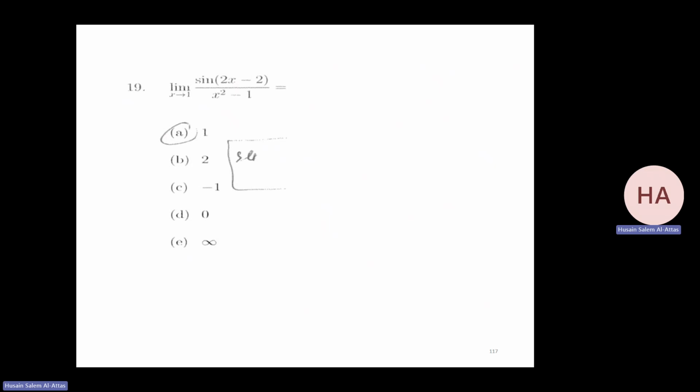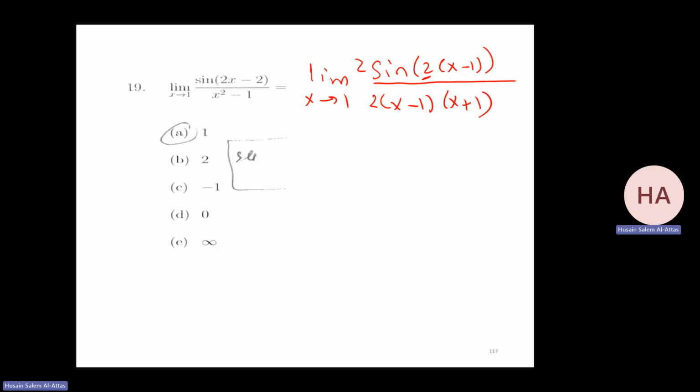Same idea. Limit as x goes to 1 of sine of 2x minus 1 over x minus 1 times x plus 1. I need 2, so I put 2 and 2.